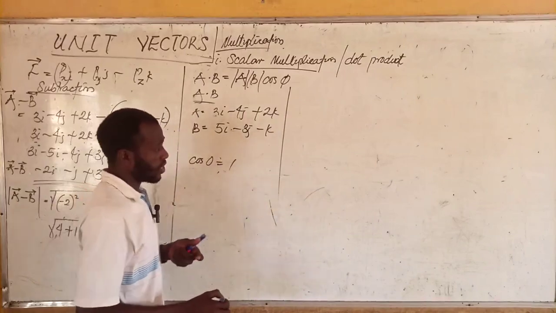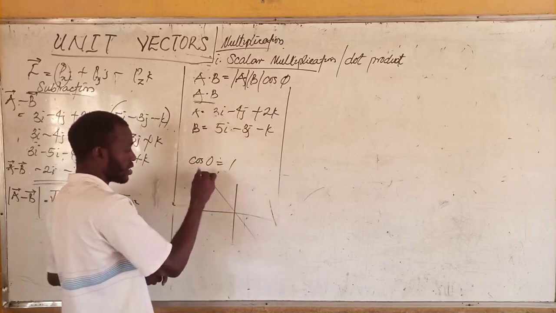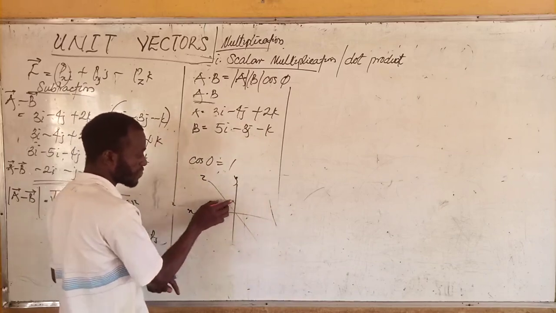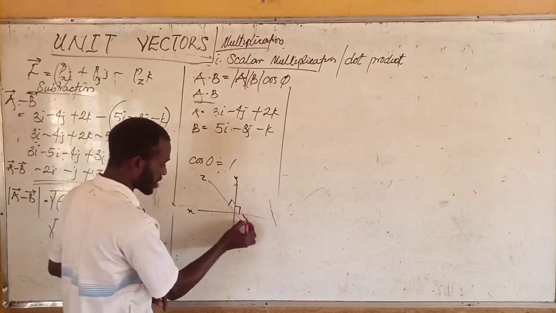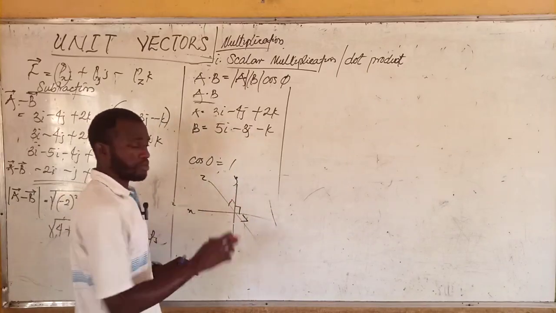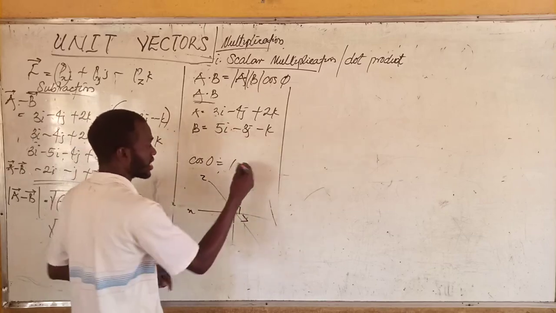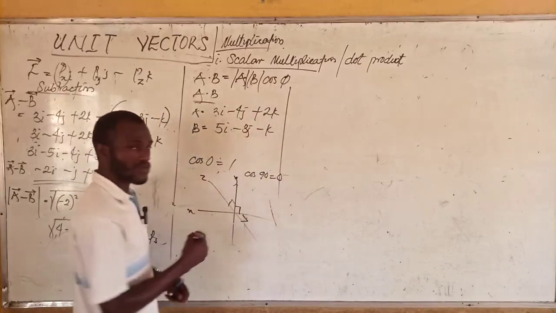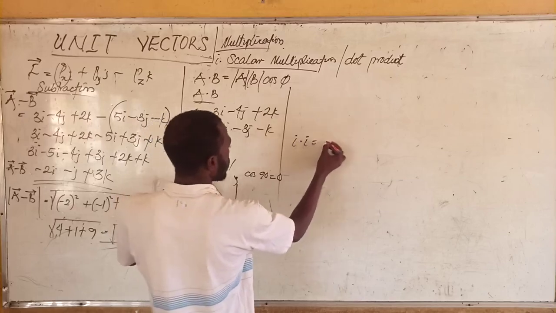And if you remember, the angle between the x, y, and z planes is a perfect 90 degrees. So the angle between i and j will be 90 degrees, and cos 90 degrees is 0.